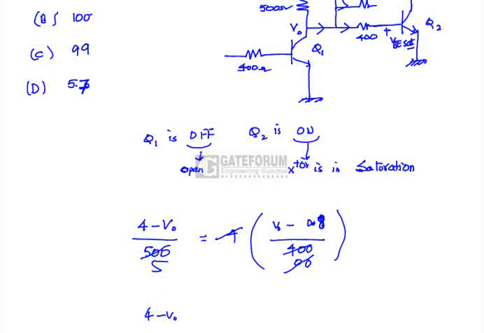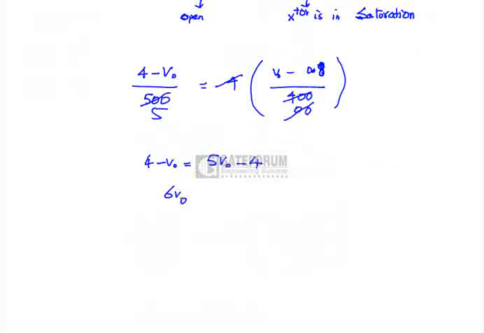So 4 - V0 = 5V0 - 4. So 6V0 = 8. From this V0 = 8/6 volts.